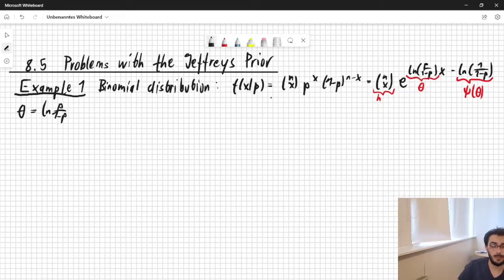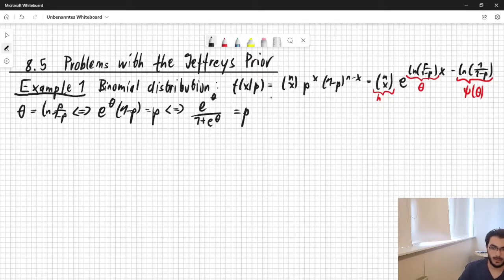Solving this for p, first of all we get that exponential to the power of theta times 1 minus p is equal to p, and we can solve this for p and get that e to the power of theta divided by 1 plus e to the power of theta is equal to p.